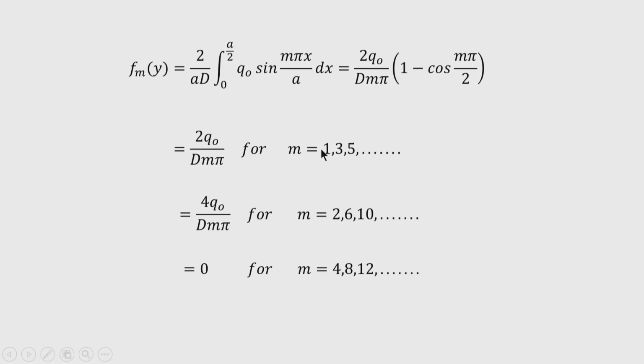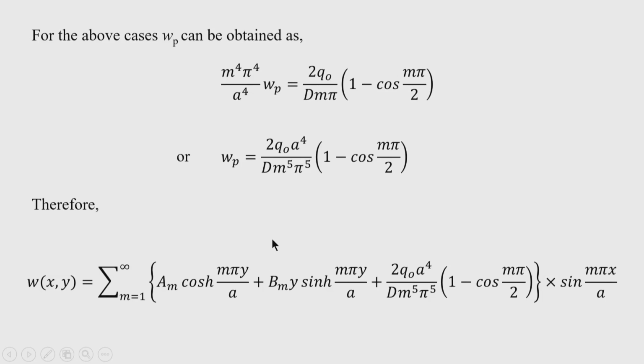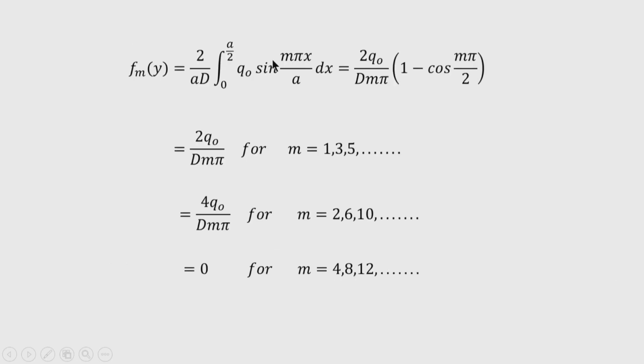When m is equal to the odd integers 1, 3, 5, then this value will be 2 q naught divided by D m pi, and when the values are 2, 6, 10, then you will get 4 q naught by D m pi, and when m is 4, 8, 12, you will get the value of the integral as 0.